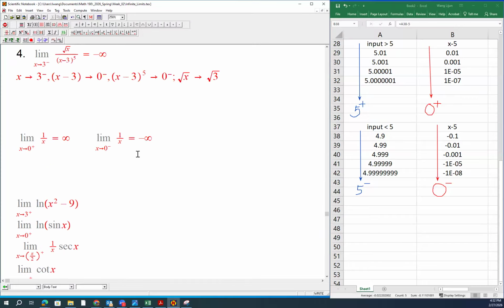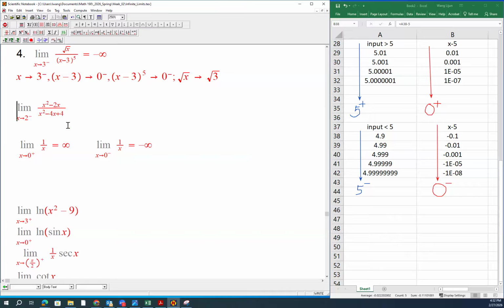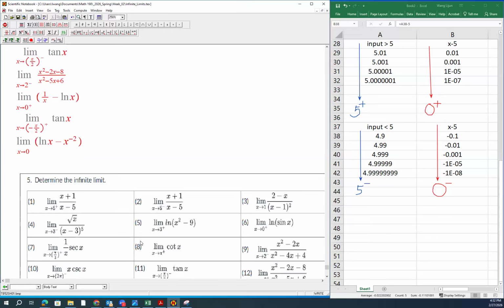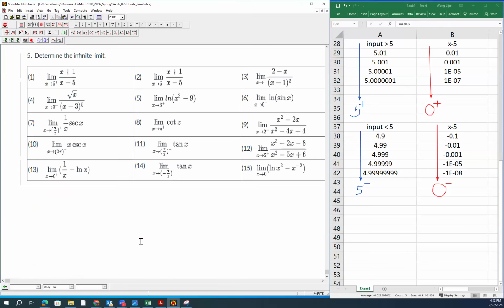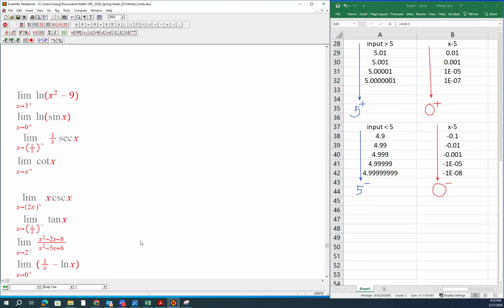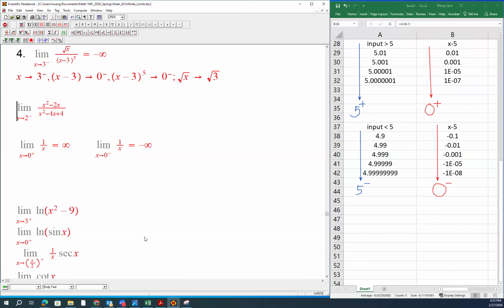I'm going to put this one over here. In this lesson, that number is number 9, and number 12.